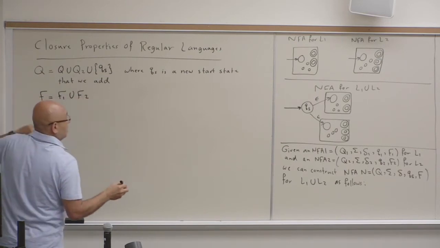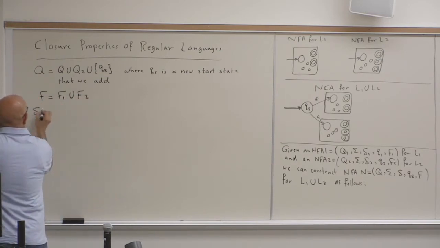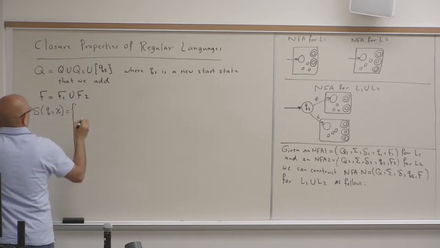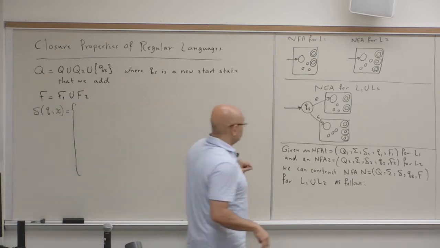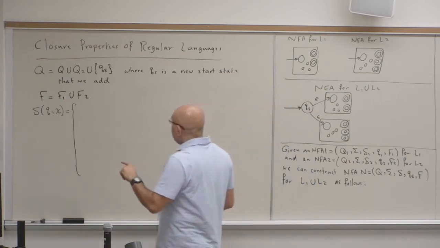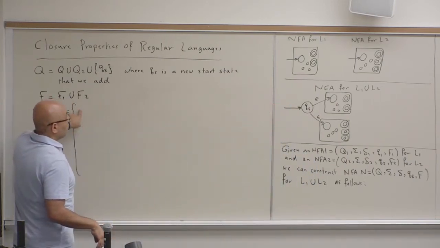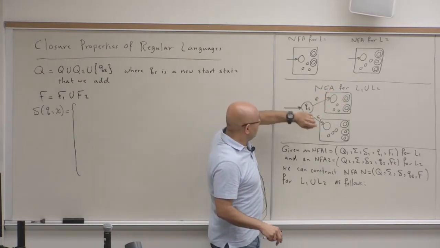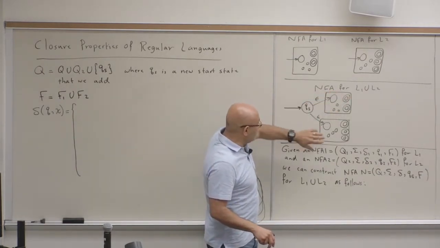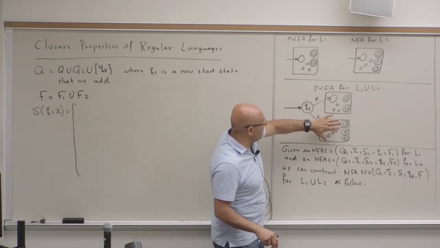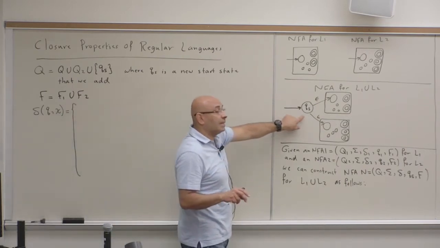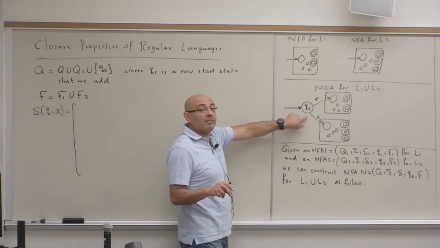Now delta is the trickiest part. Delta of Q and X equals, now for the states that belong to Q1, delta is not going to change. For the states that belong to the second NFA, their transitions are not going to change. We only have to define the deltas for the new state that we have added.